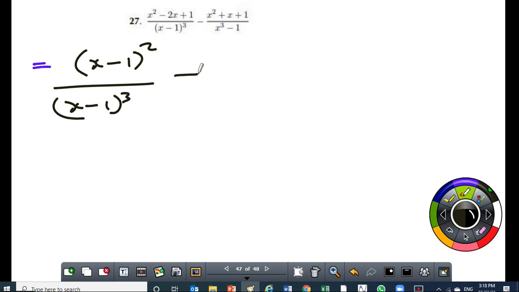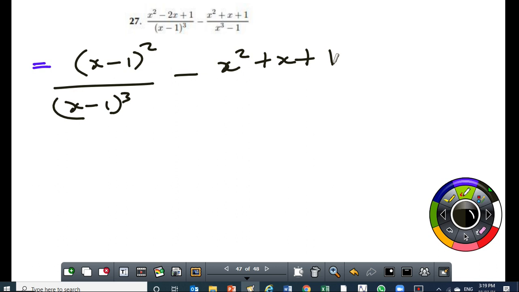Why? It cannot be factorized because the coefficient of this middle term here is not a 2, but it's a what? 1. Therefore, it's not a perfect square trinomial.